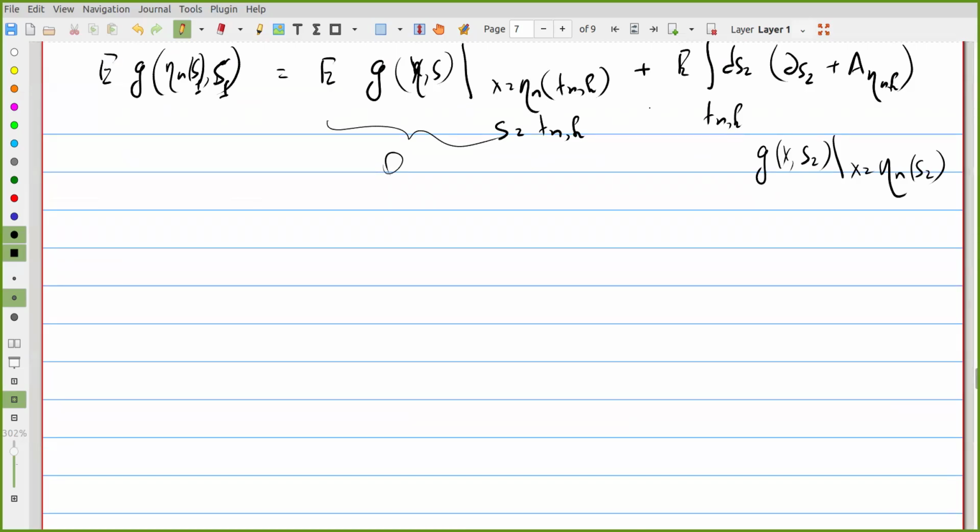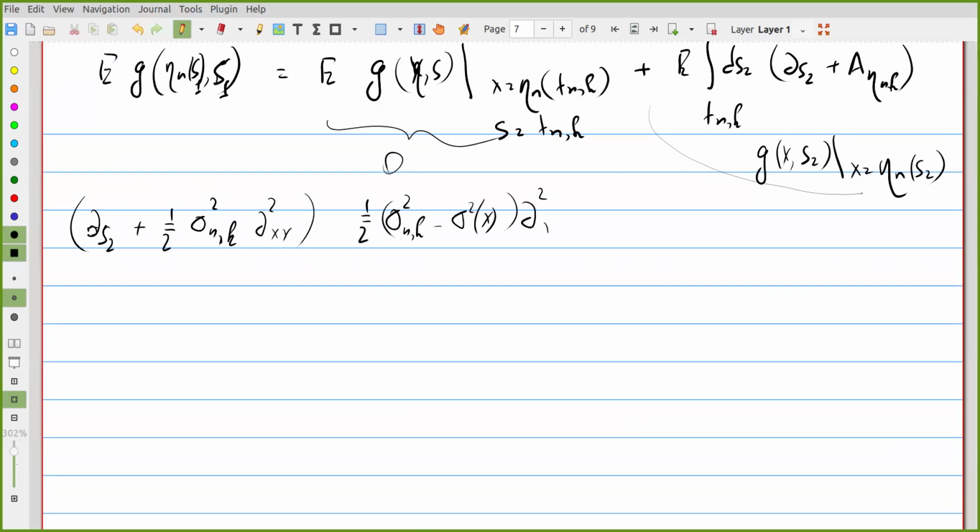So we have just this term, and here let us see what happens inside. The operator with ∂²_xx is going to be applied to g, and g is already of this form, σ² η_nk minus σ² x, times u_x(s2).